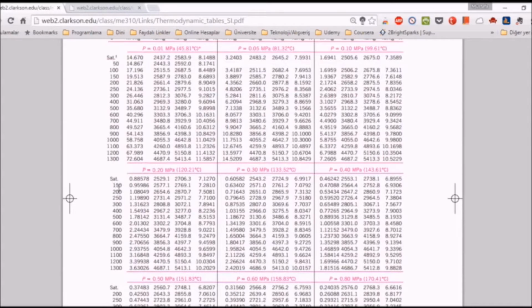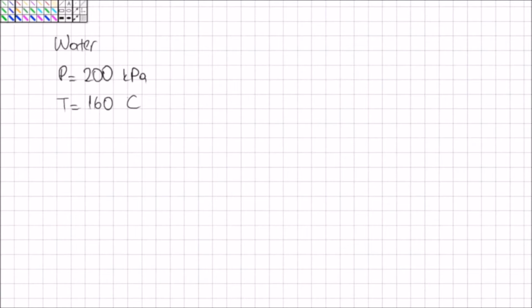It is between 150 and 200 in the table. So we should first calculate an interpolation constant to calculate other properties. So let's calculate it.